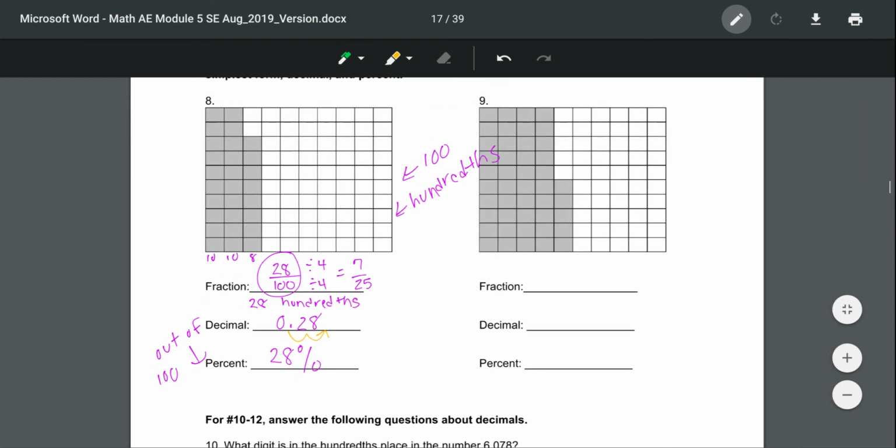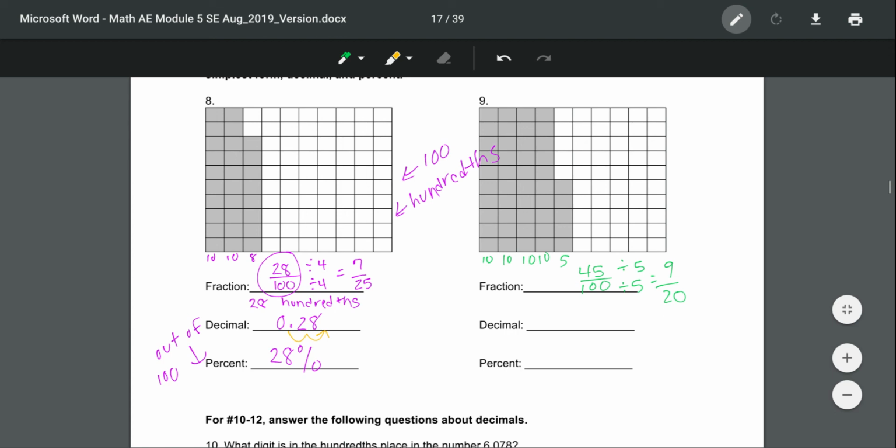Okay, number 9, you have 10 in each of these columns that are shaded in. So you have 40 and then 5 more. So this would be 45 out of 100, which we can divide the numerator and denominator by 5. And you get 9/20.